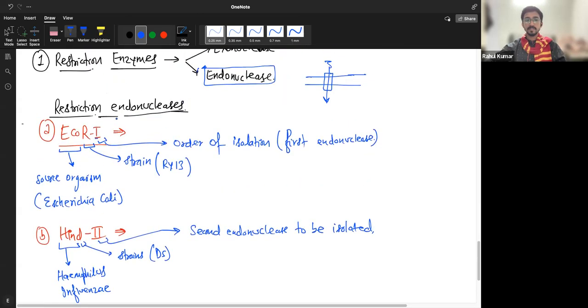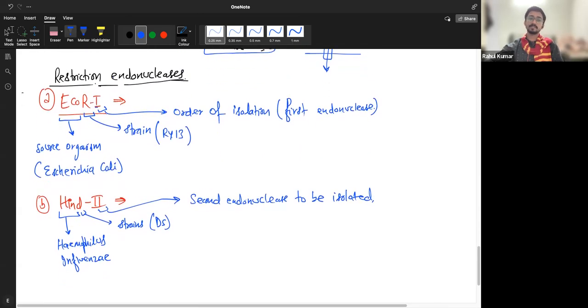Restriction endonucleases always recognize a specific sequence. Mostly it's a 6 base pair sequence. In case of HindII, it's a 6 base pair sequence. It can be 4 or 8 also for other restriction endonucleases, but let's say it's 6.